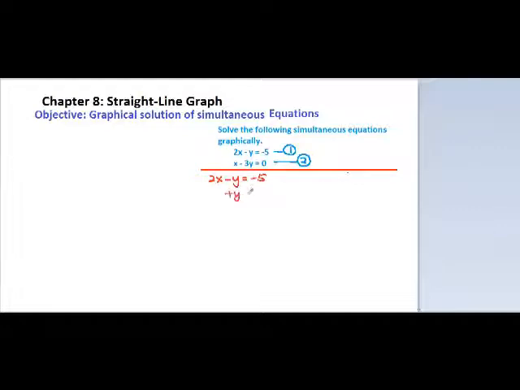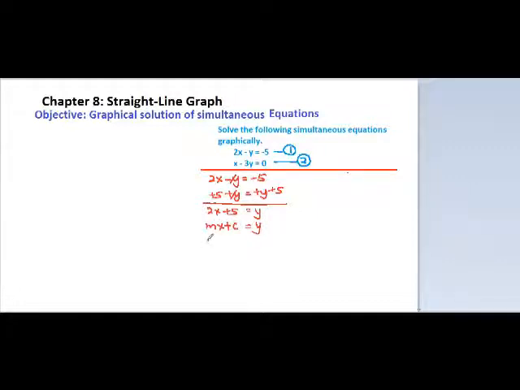So we add y to both sides so that we remove the y term here. And we add 5 to both sides to remove the negative 5 here. So now, on the left side we have 2x plus 5 and on the right side we have y. And this is already in the gradient intercept form.